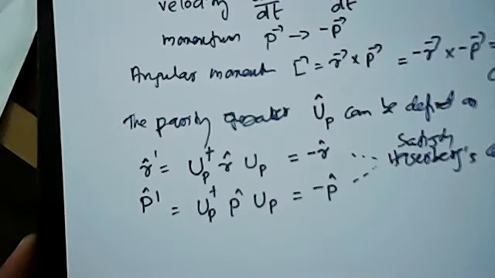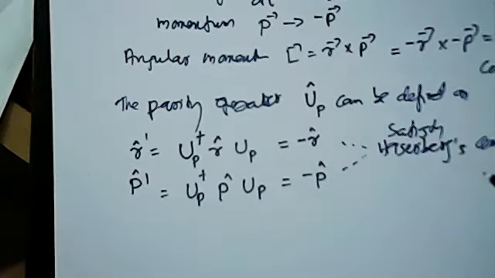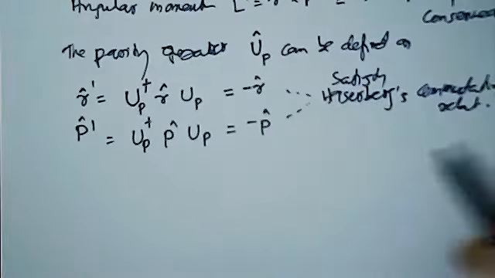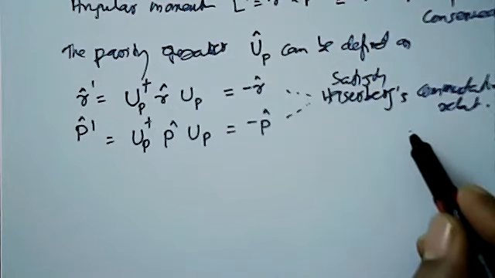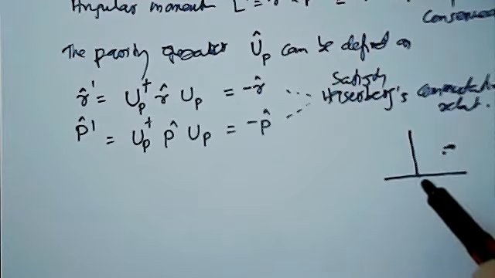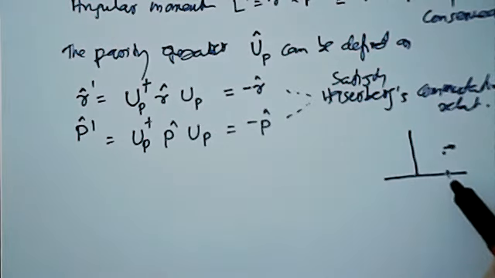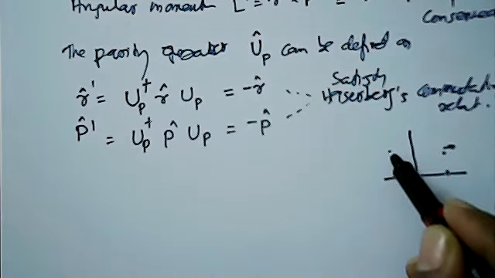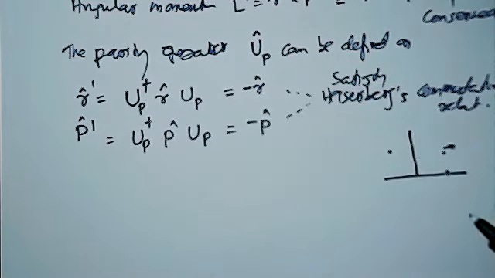Okay. So immediately I will try to give some physical concept regarding this. Suppose consider a one-dimensional case. Suppose the particle is here. It was moving in this direction. So you do the parity operation. What happens? This was its initial position. R becomes minus R. So immediately the particle reaches here. And momentum becomes negative.